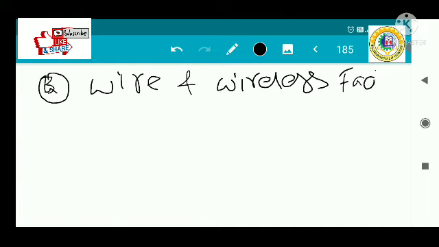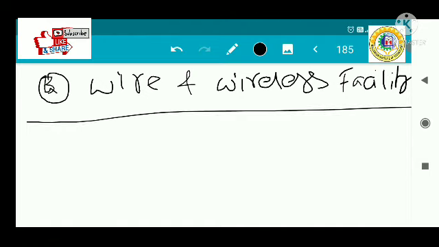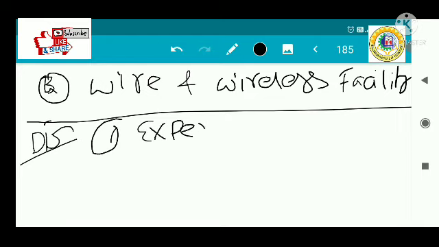These are the advantages of the router. Now if we want to cite some disadvantages, there are as such no disadvantages, but it is expensive.